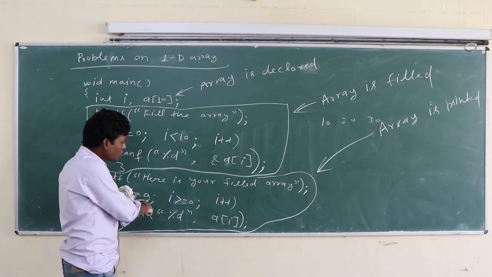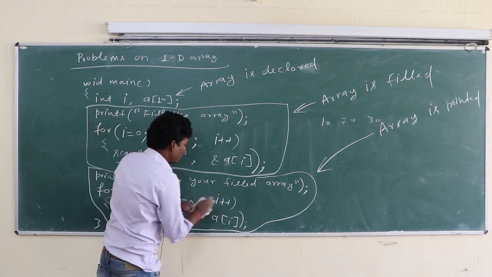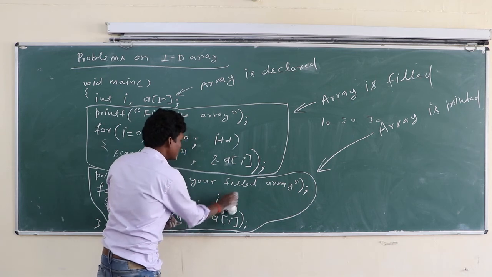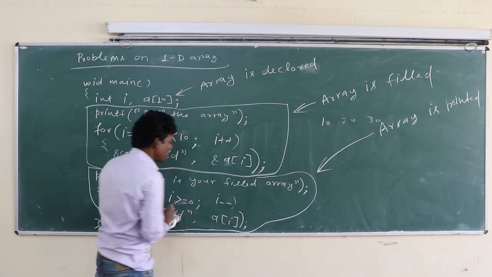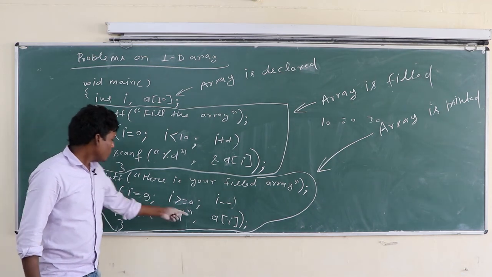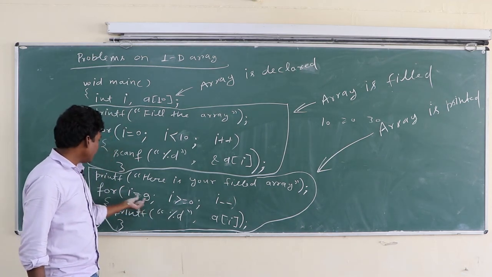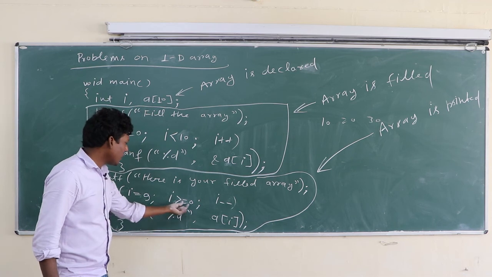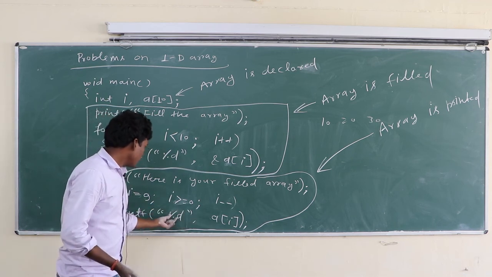It will start from 9 and go to 0, with decrement. So there are 10 elements. First time i has value 9. 9 is greater than or equal to 0, yes. printf %d prints a of 9.